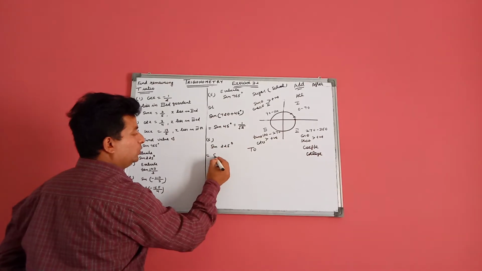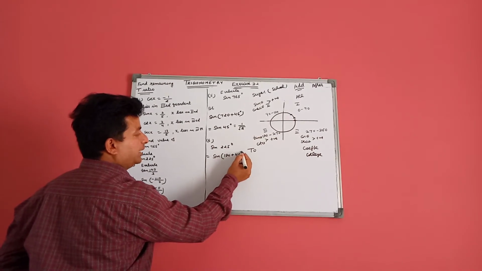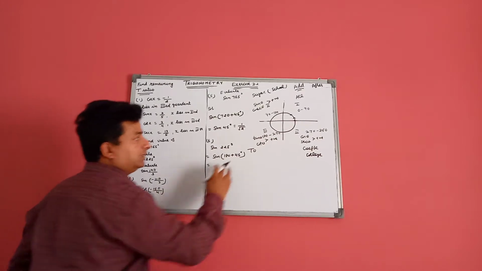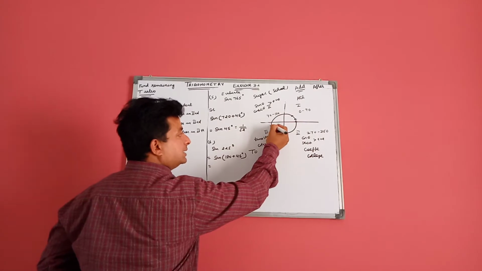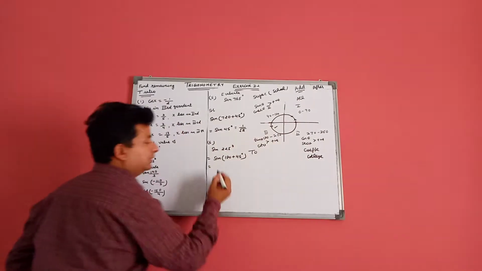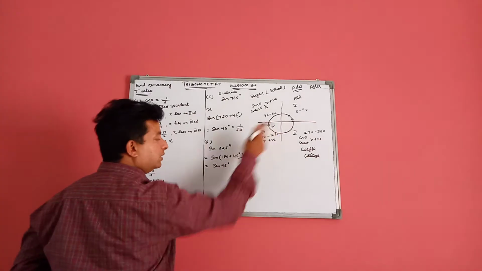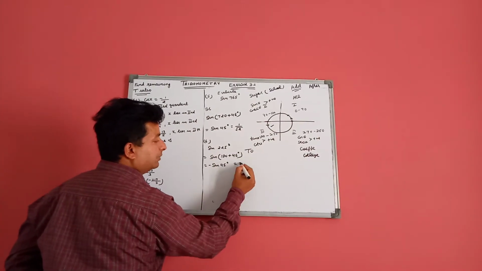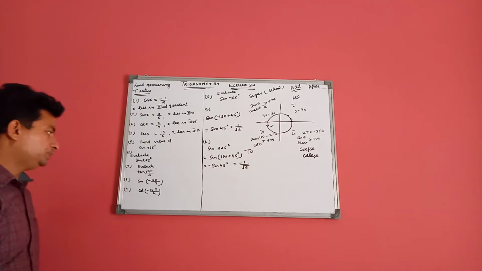We write 225 as 180 plus 45. This means it lies in the third quadrant and it also lies on the horizontal line. That is, the T ratio remains unchanged, but in the third quadrant it is negative. So its value is minus 1 upon under root 2.